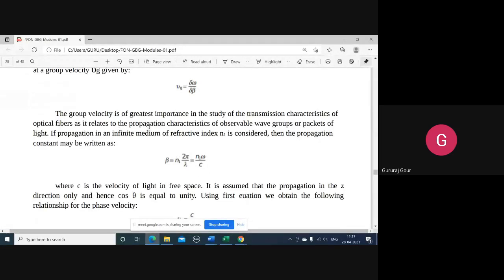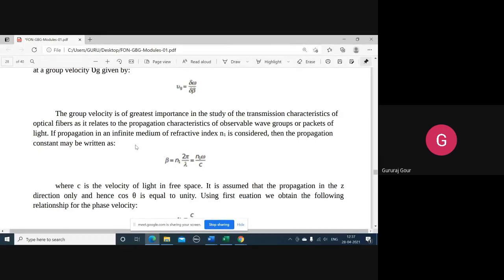The group velocity is very important in studying the transmission behavior of these optical light rays inside the core, and it is normally related to the propagation characteristics of the wave packets that we observe as light inside the optical fiber core.